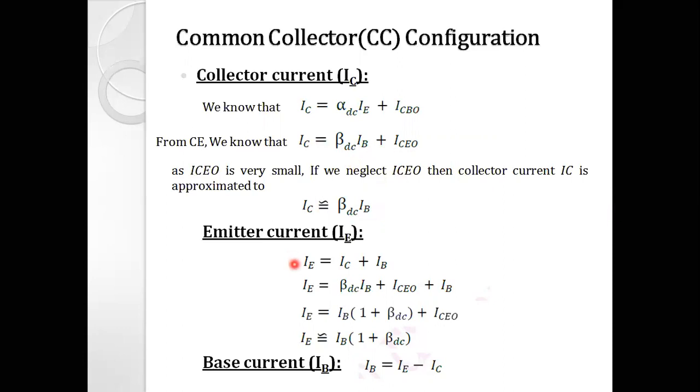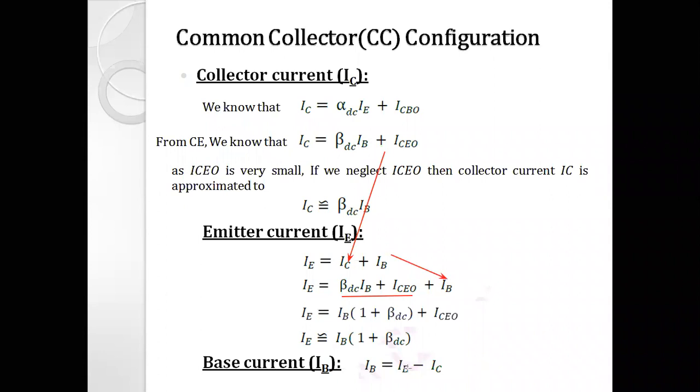What about the emitter current? With the basic equation of emitter current, IE is equal to IC plus IB. But what is IC? We substitute IC from the previous equation, which gives us IE is equal to beta DC IB plus ICEO, and IB as it is, right?